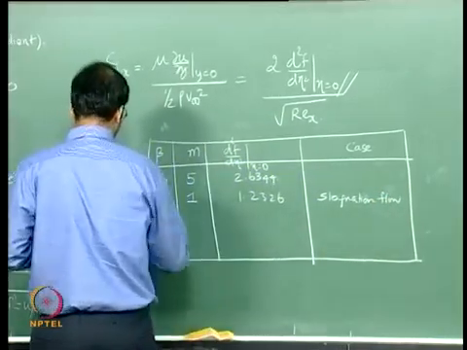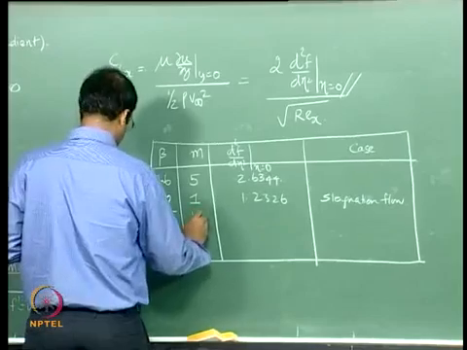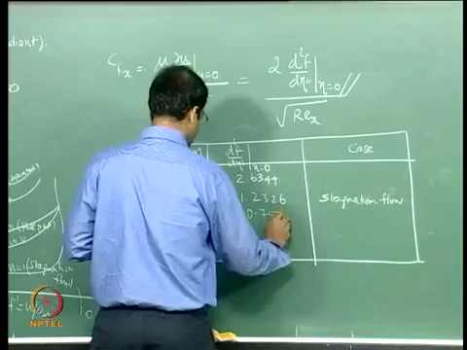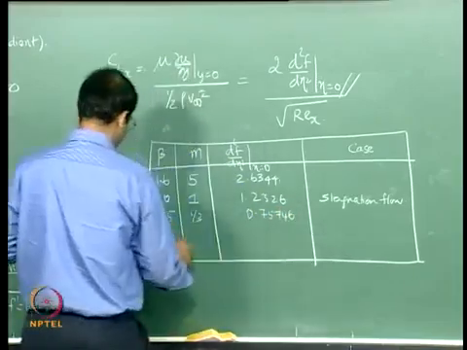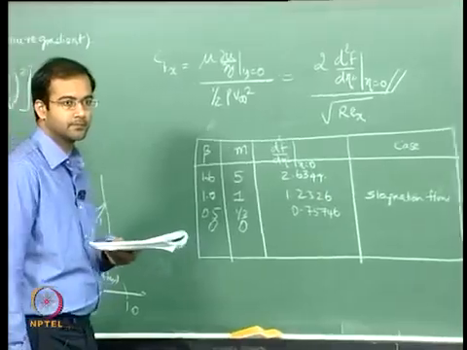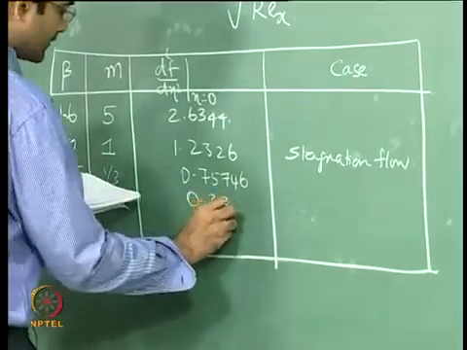So beta is 0.5, m is 1 over 3, and the corresponding value is 0.75746. Beta equal to 0, m equal to 0. What will be the value? 0.332. This is the flat plate.